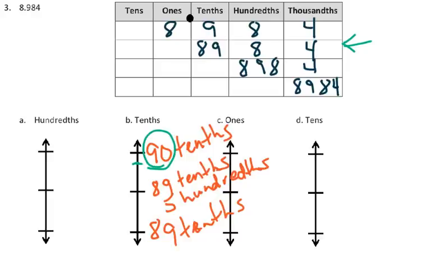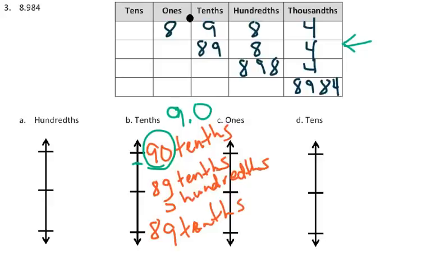So how I would write that if I'm rounding to the nearest tenth, and I'm going to write that as a decimal, would be 9.0. And okay, so we're telling the students, since they're asking to round to the tenth, that you should put 9.0, even though it would be the same as just writing the whole number 9.